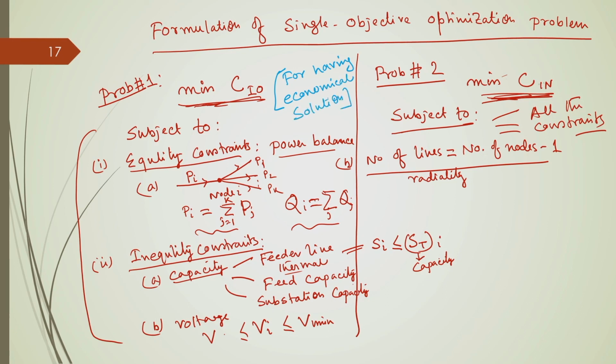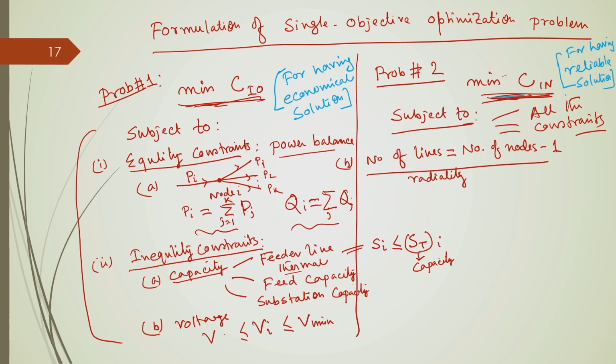But in this problem where we optimize the total interruption cost, whatever we get is for having a reliable solution. Okay.